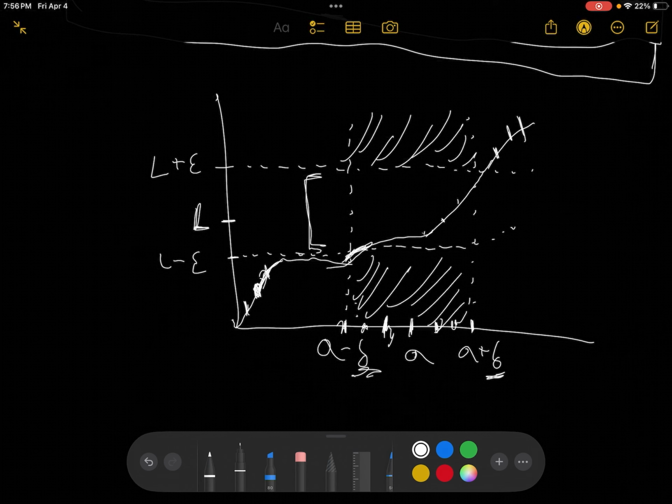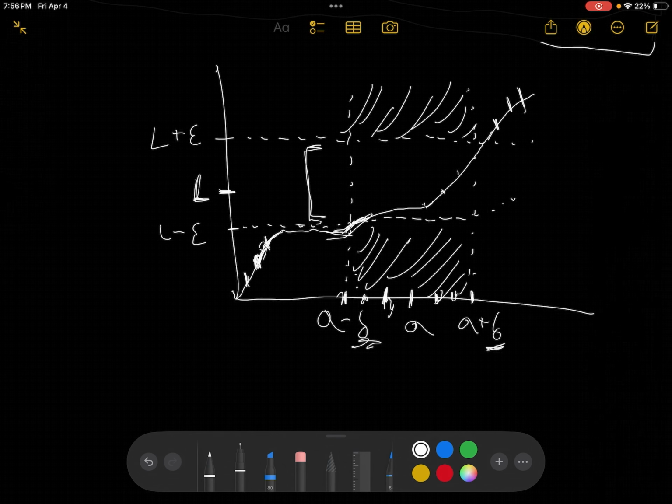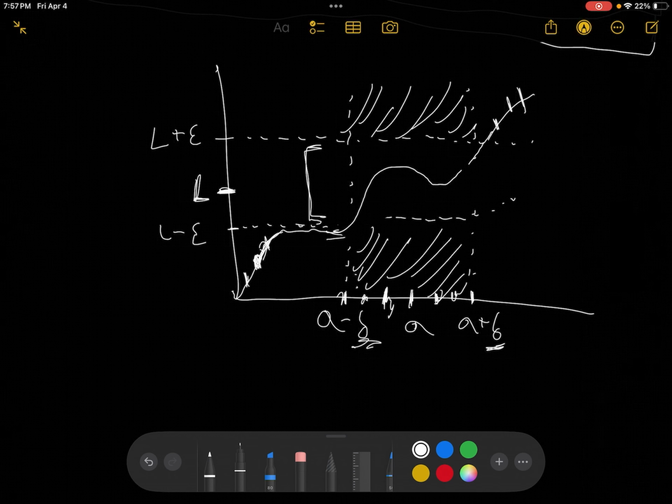So now, notice that just satisfying this implication for one specific value of delta and one specific value of epsilon does not guarantee that the limit is going to be L. Notice that we could draw a function f of x where at the point A, the value of the function is any number, and as long as we don't let the function enter these forbidden regions, we're still going to see that every f of x value is between L plus epsilon and L minus epsilon.